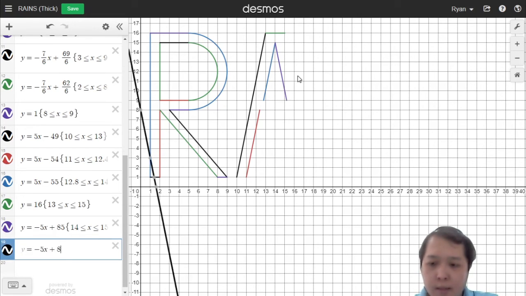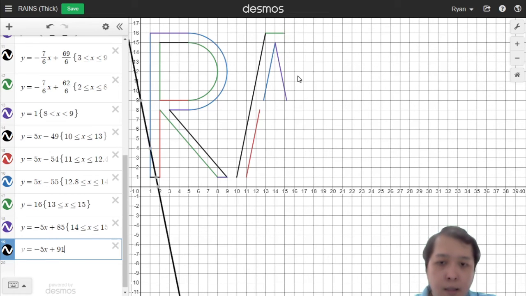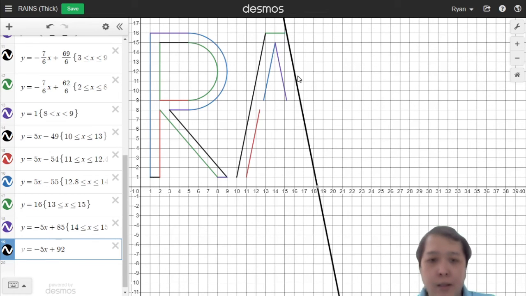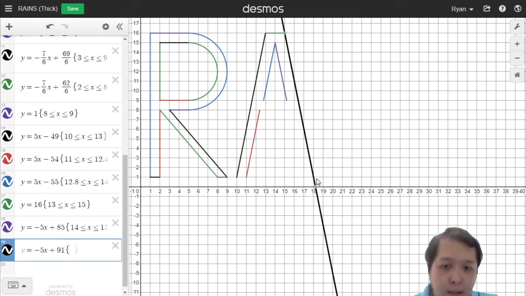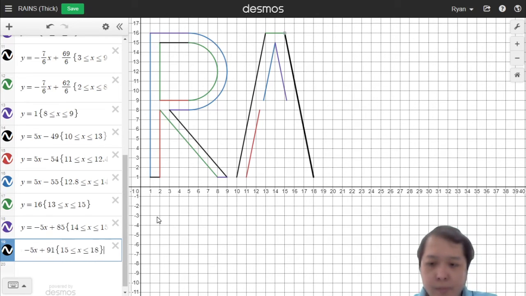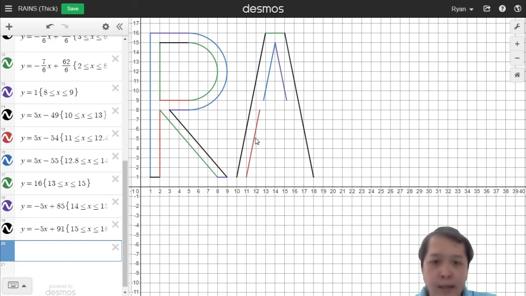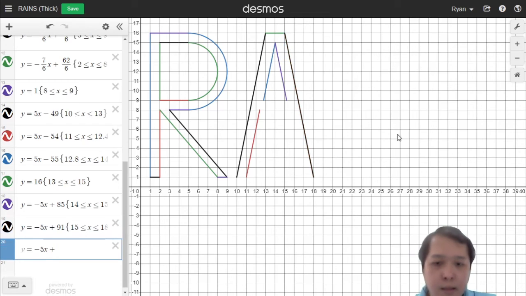Okay, let's delete 90, 91, 92, 91. Yeah, should be the outer first because it's easier. From 15 until 18, yeah, this one is easier. And now we will deal with this inner part.